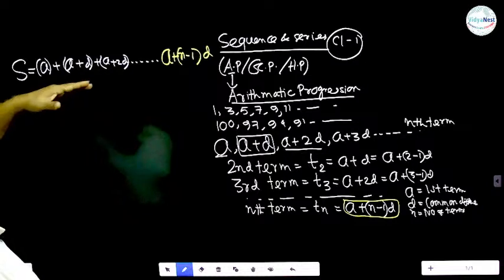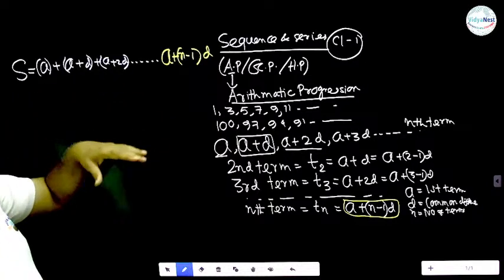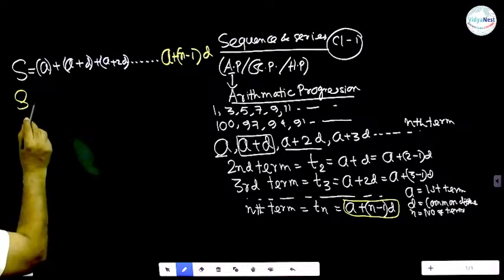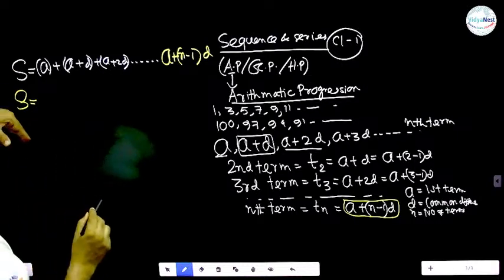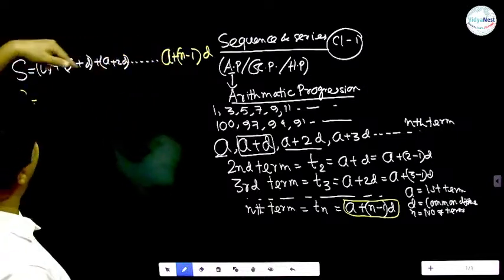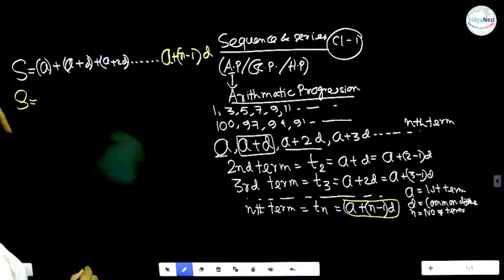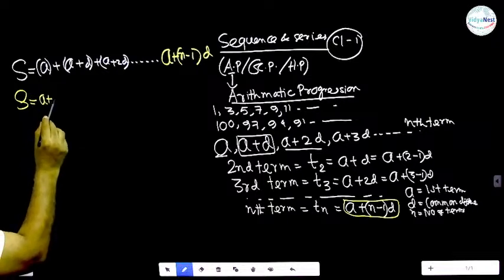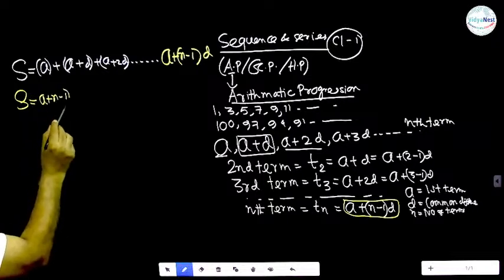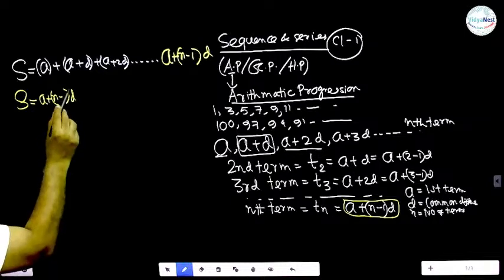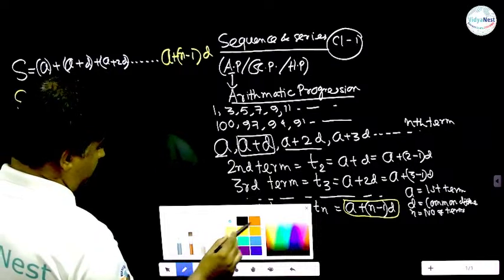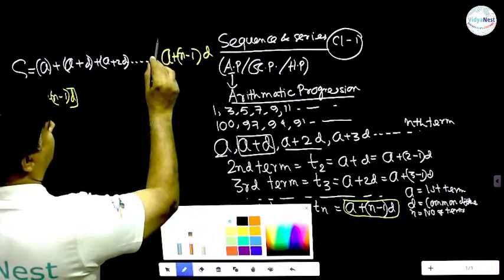Now, rewrite the series in reverse manner. You rewrite S just below that summation. You write the last term just below the first term. What is the term previous to the last?